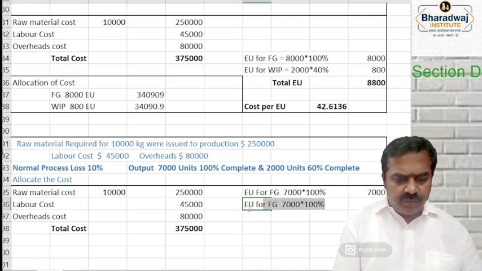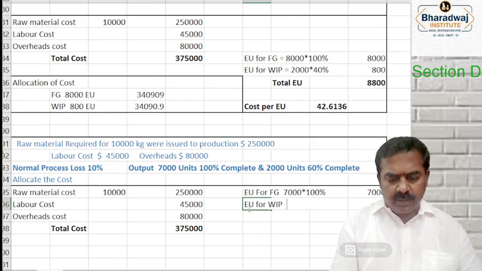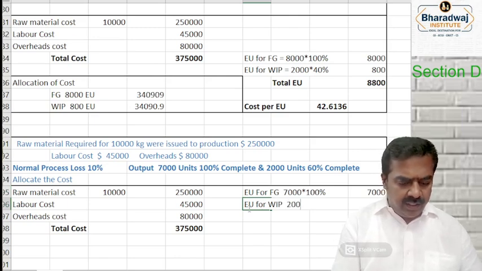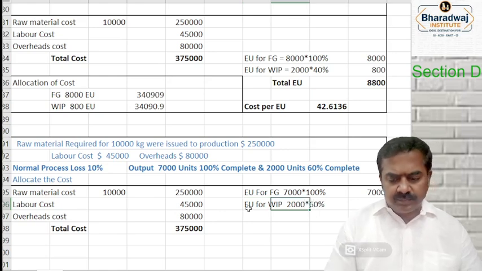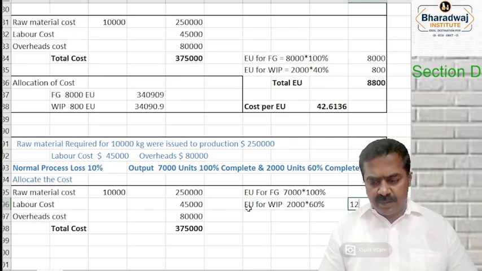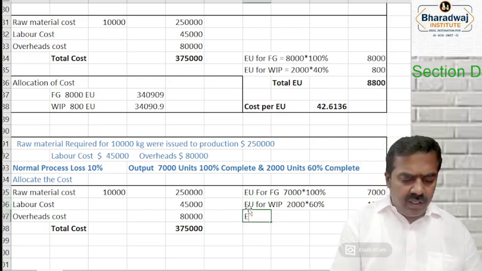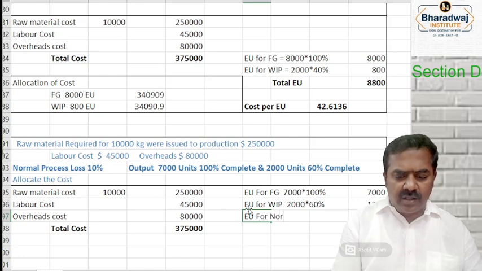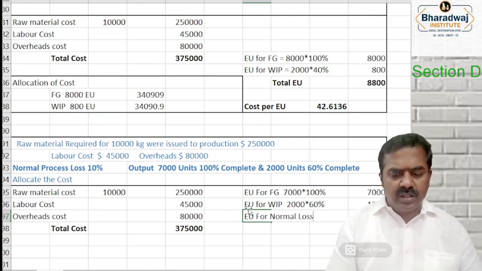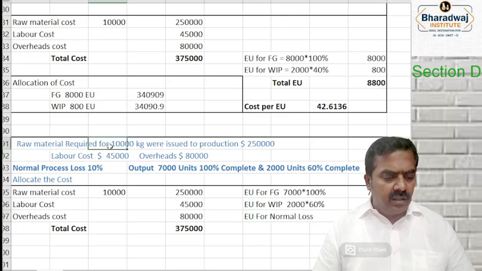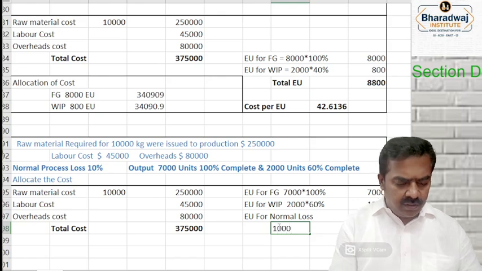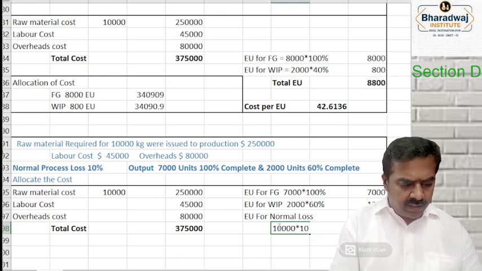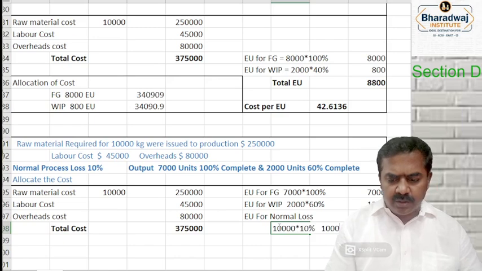Equivalent units for work in progress: 2,000 into 60%, 1,200. Equivalent unit for normal loss, what is the normal loss? 10,000 into 10% is 1,000.